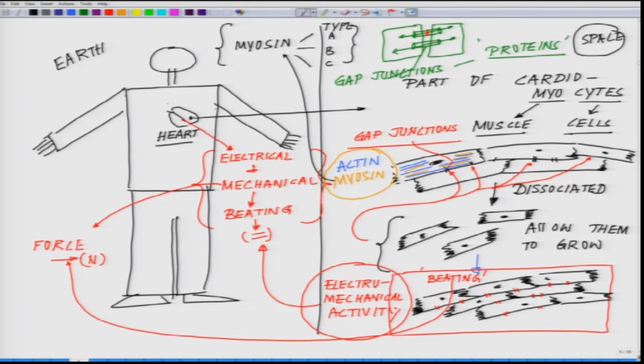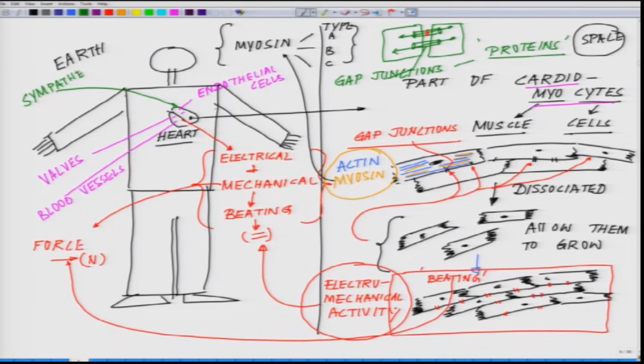Now this heart which is here, it is surrounded by, not only does the heart have cardiomyocytes, the heart consists of endothelial cells, then there are cells which are forming the valves, there are blood vessels, there are sympathetic and parasympathetic nerves, or rather autonomic nerves.